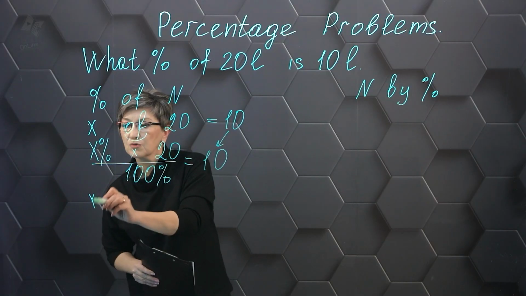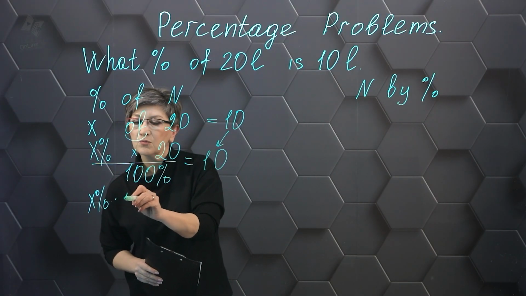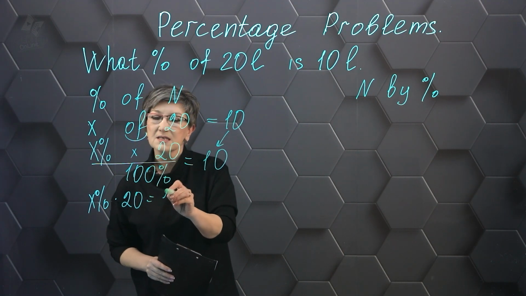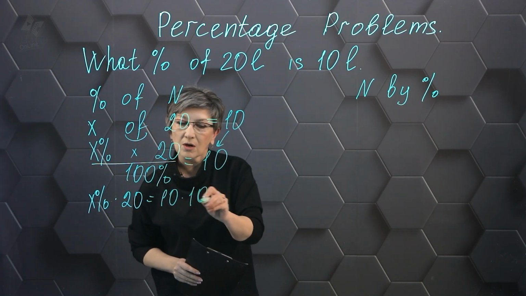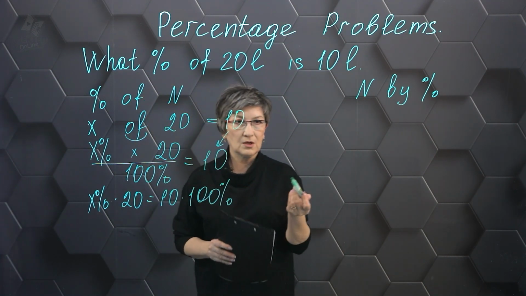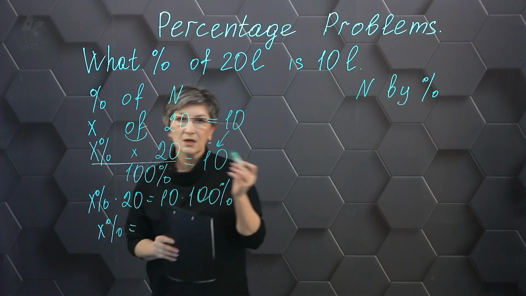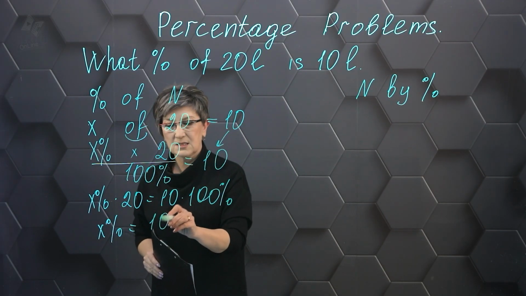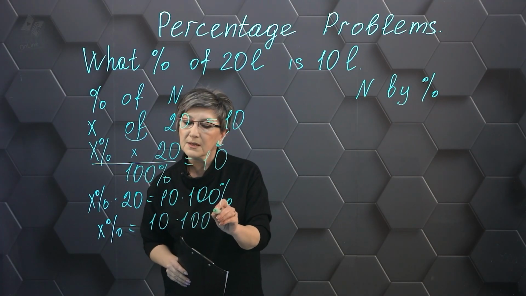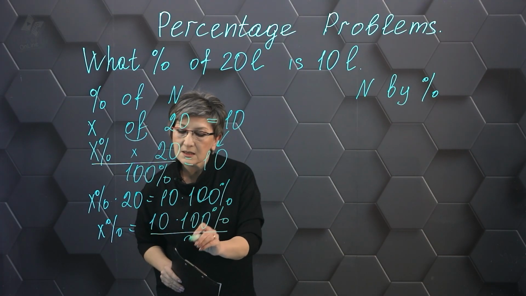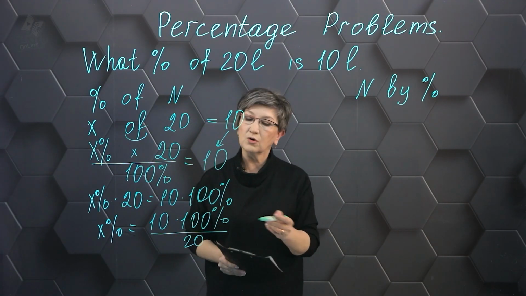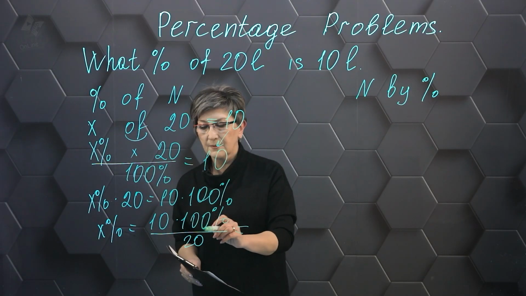So I write X percent multiplied by 20 is equal to 10 multiplied by 100 percent. Well, now it's very easy to express X percent. The result is 10 times 100% divided by 20. It's very easy to calculate that. What do we do?